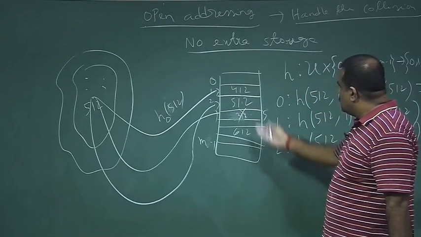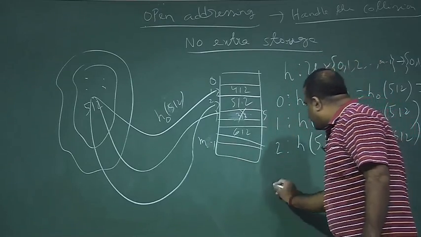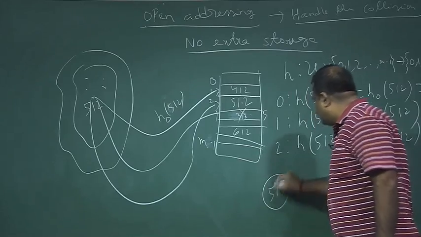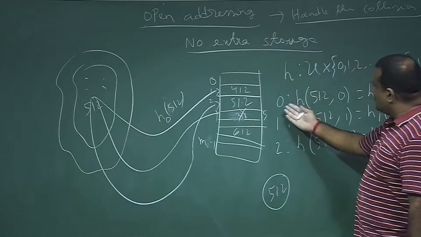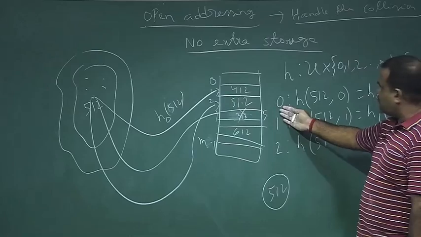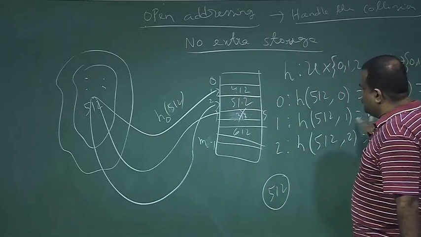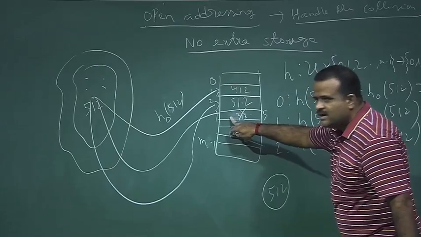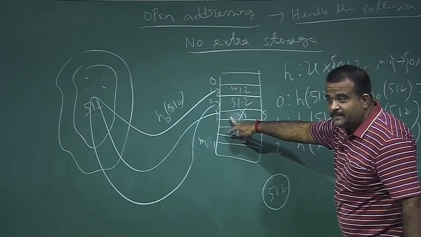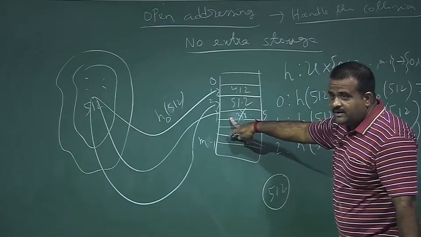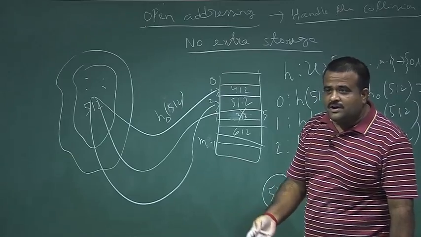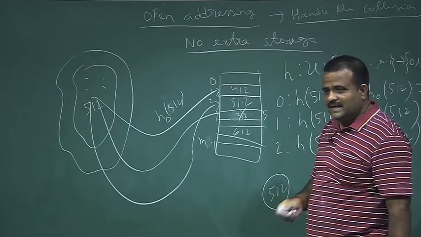Then suppose we want to find 512. We apply the first probe, it hits here, then we apply the next probe, it hits here, but we see this is an empty slot. Then we may report that 512 is not there, but that is wrong.